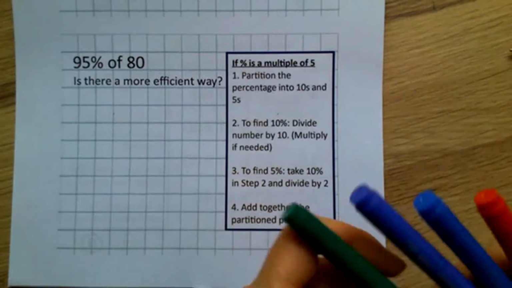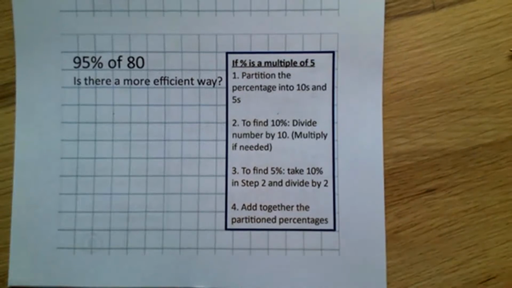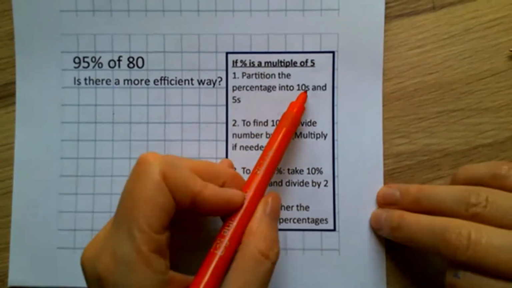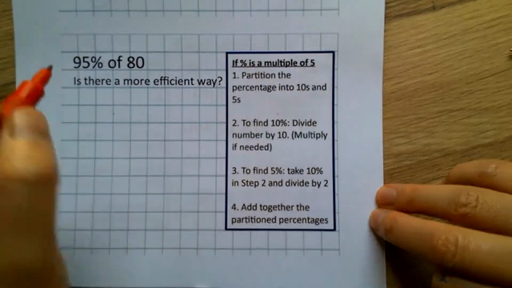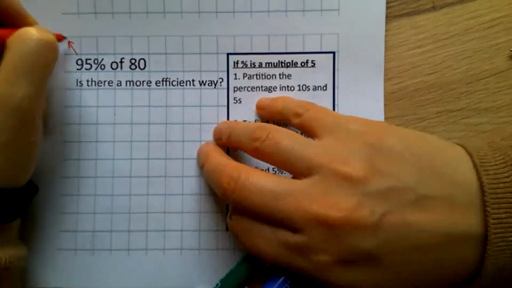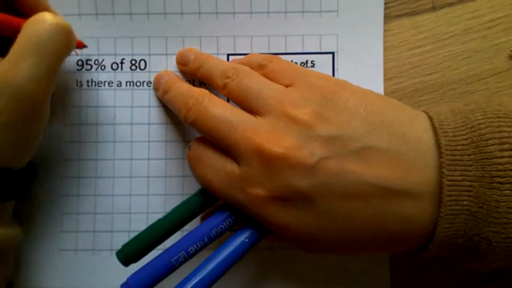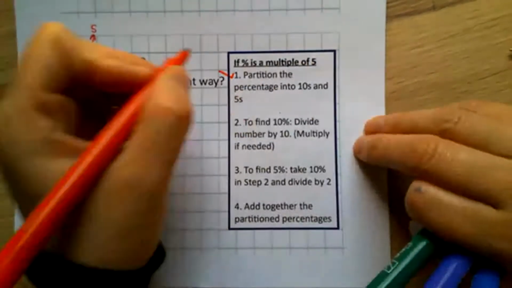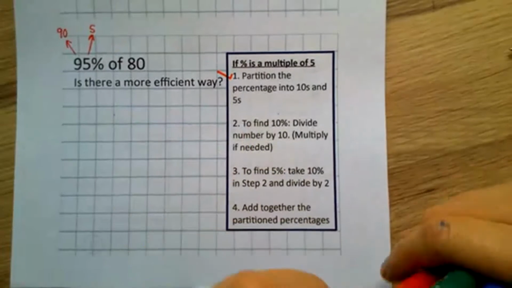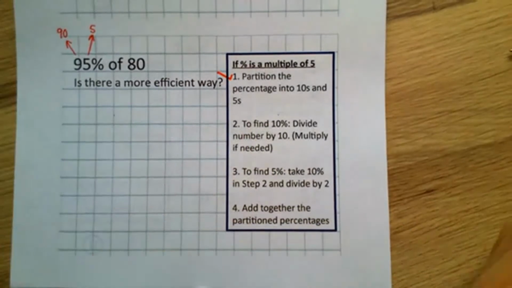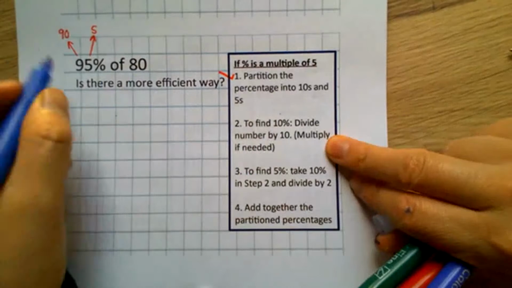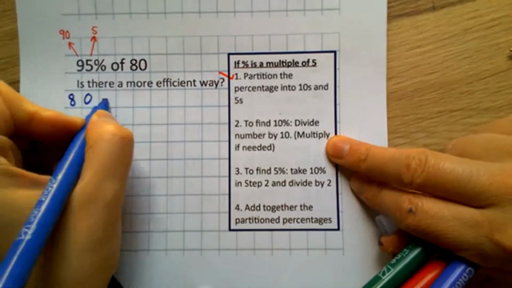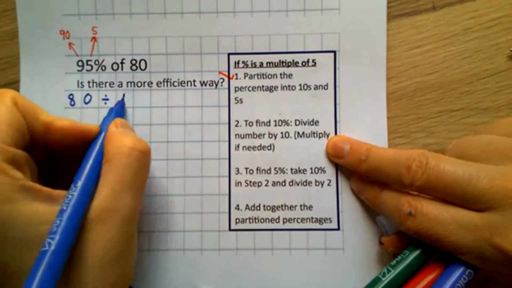95% of 80. So again, I'm going to partition the percentage into tens and fives. I have 90 and I have 5. Great. Now I've got to find 10%. So I'm going to divide my number, which is 80, by 10.